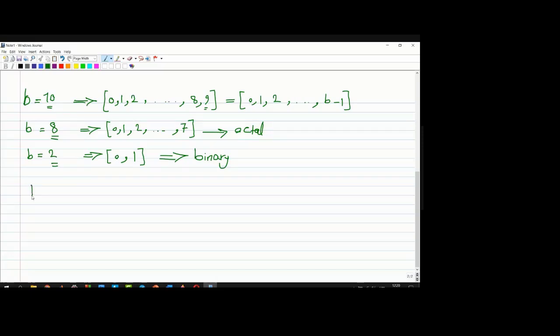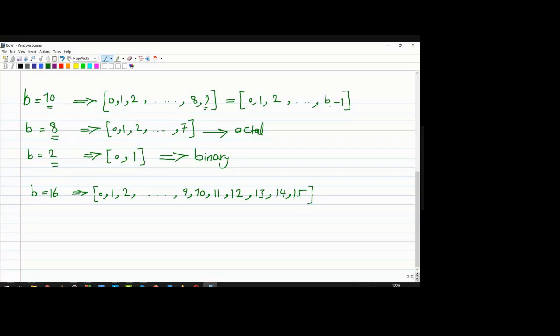Now, what about if our b is 16? According to this phrase, I can say that for representing a number in the base of 16, which is called hexadecimal, we can write the number using these digits: 0 up to 9, 10, 11, 12, 13, 14, and 15.